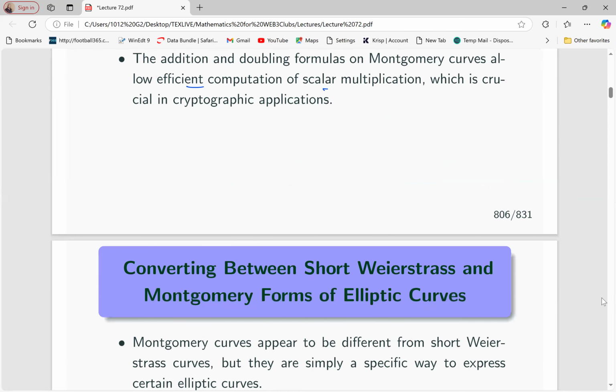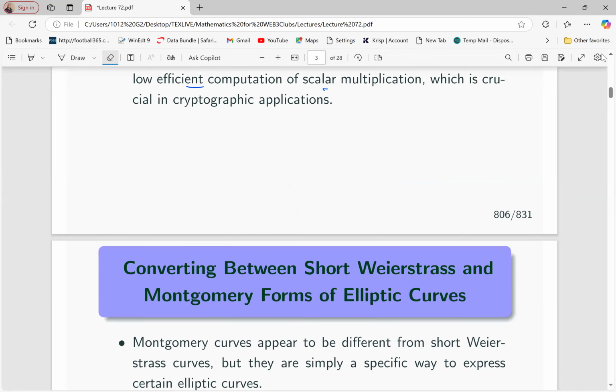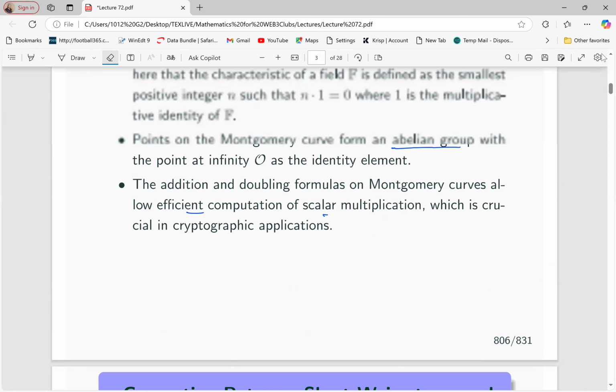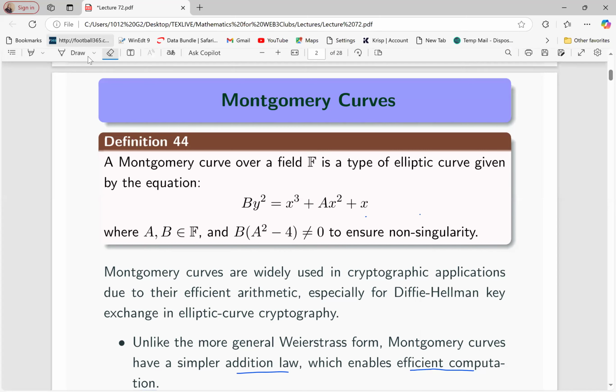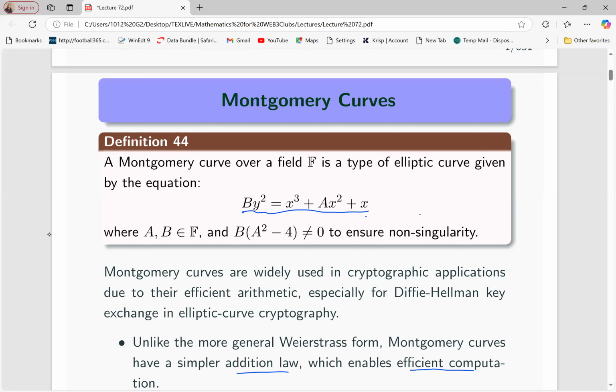Now, we've seen the formula of the Montgomery curve. What is important now is to see whether it's possible to convert the Montgomery elliptic curves to the short Weierstrass elliptic curves and vice versa. Let's once again look at the formula of the Montgomery curves, and this is the formula. We want to see whether it's possible to convert these Montgomery curves to the Weierstrass curve.